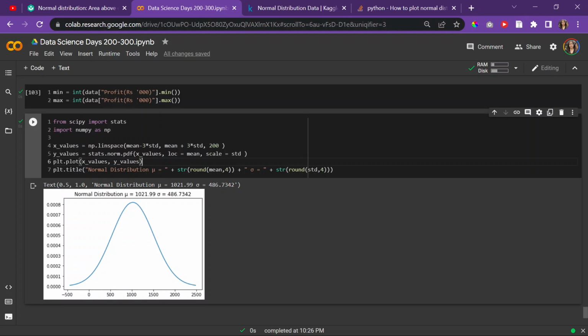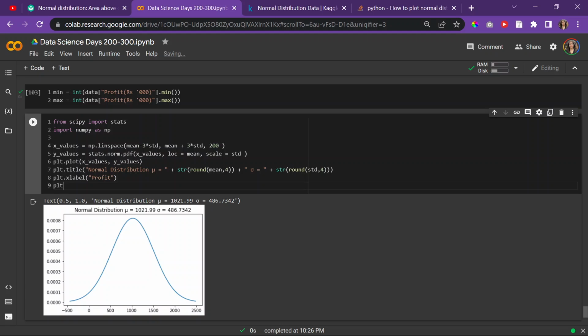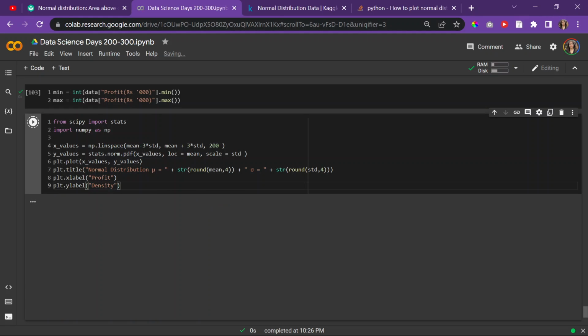Okay, and then I'll do like a plt dot x label, and I'll label it as, what should I label it as? Profit, and then I'll do plt.y label, and I'll label it as density.